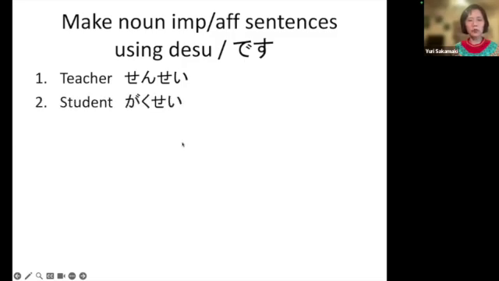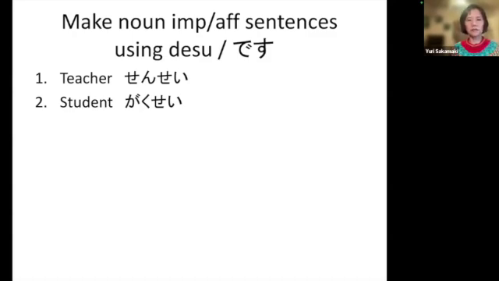Number 2. If you want to say someone is a student, how would you say that? 学生です. Student is 学生, as we learned in lesson 1 vocabulary. You can just add this, which makes it into a very polite sentence. You can say 学生です, 先生です to anyone you know, even if you just met that person.